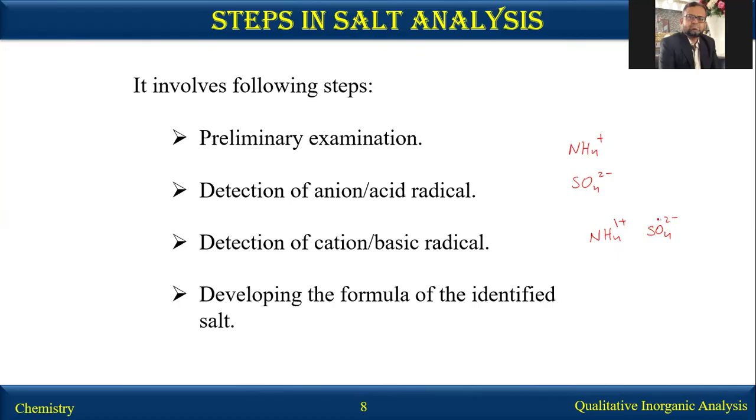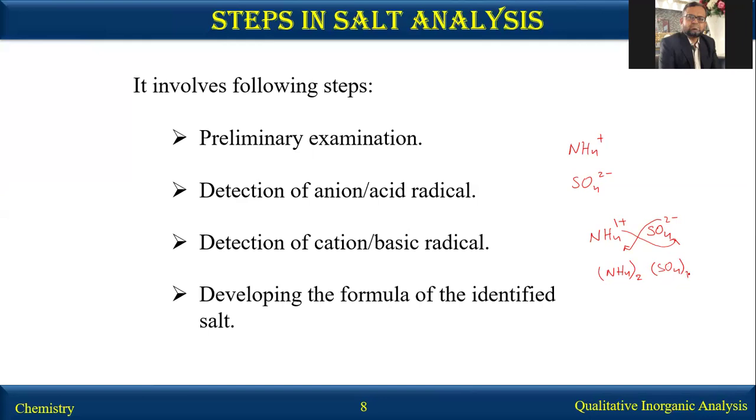And another way that you have studied at your school level: these ions, which are polyatomic ions, consist of more than one atom. They are kept in brackets. This is sulfate. It is also in a bracket. So the charge of one ion, for example the cation, is made the subscript for the anion, and the charge of the anion is made the subscript for the cation.